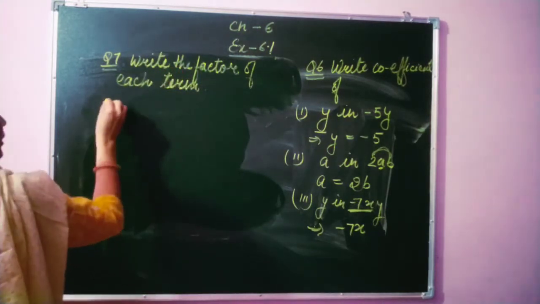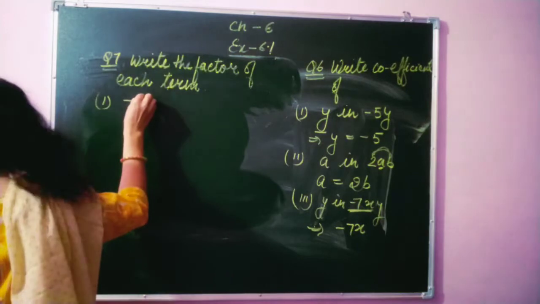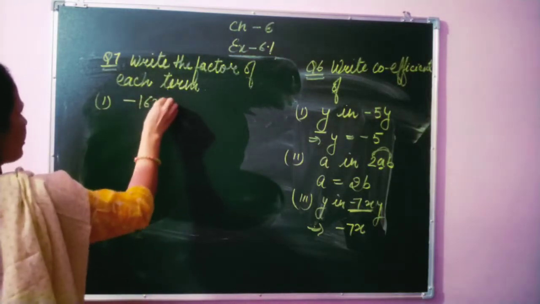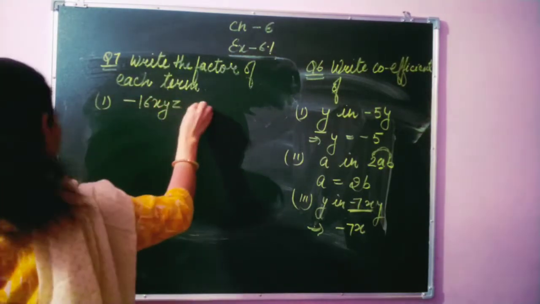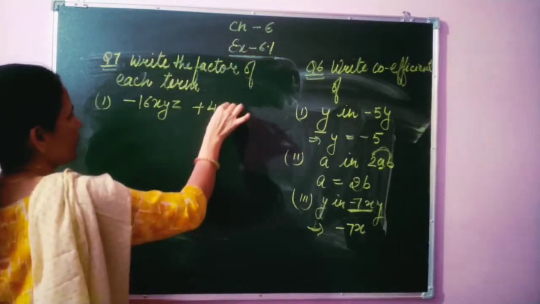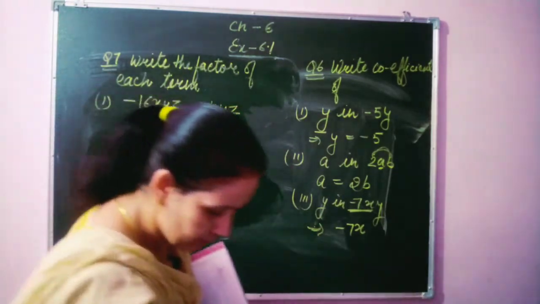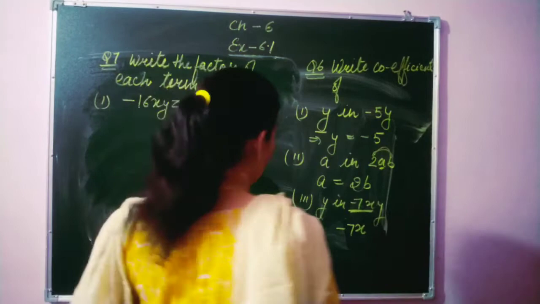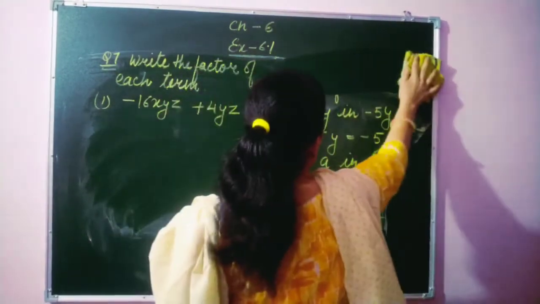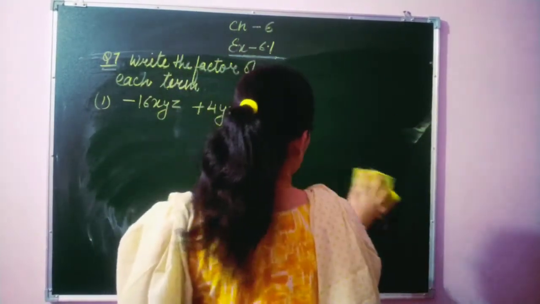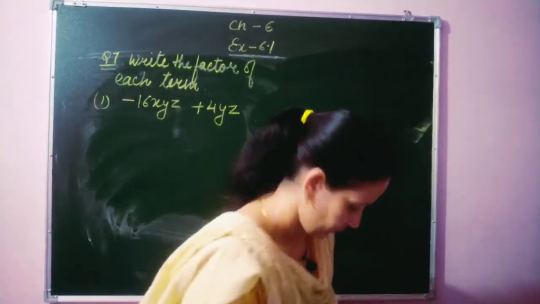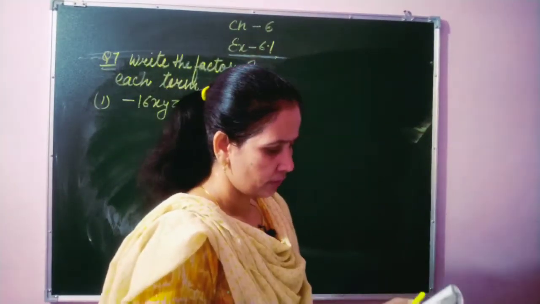First part, minus 16xyz plus 4yz. Students, question number 7 and 8 are given together. So question number 7 and 8 we will do together.